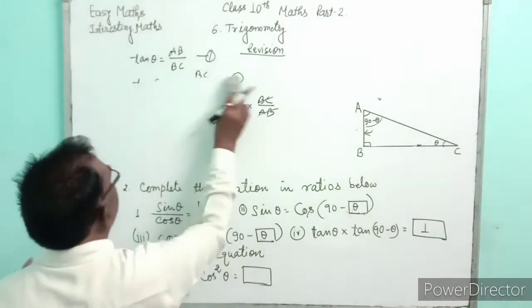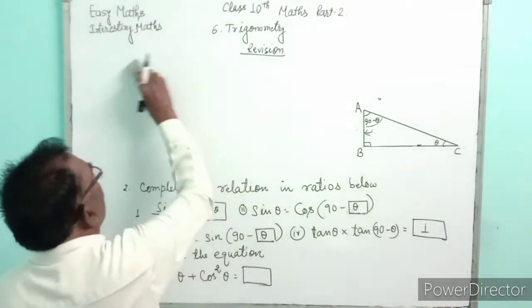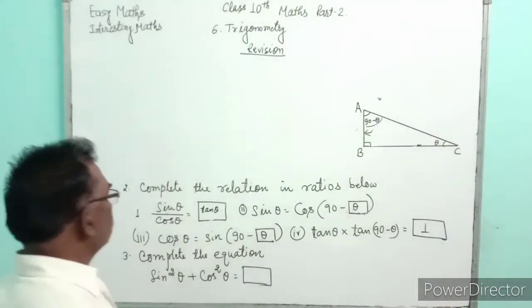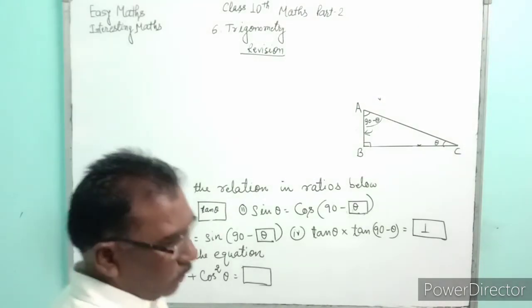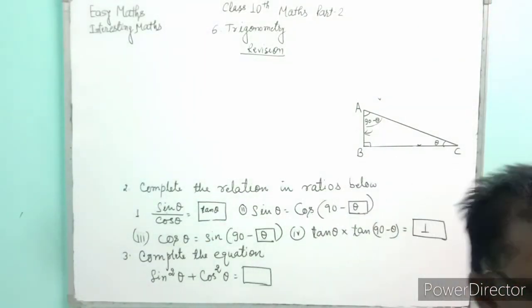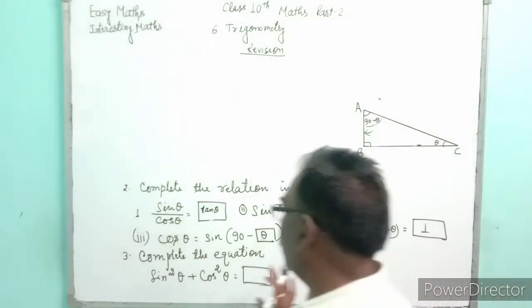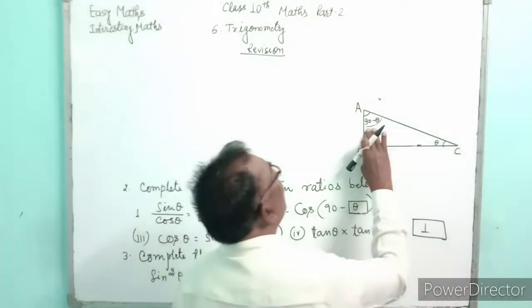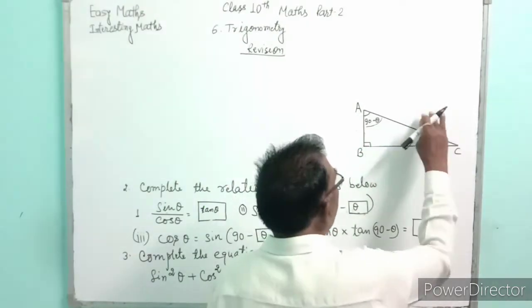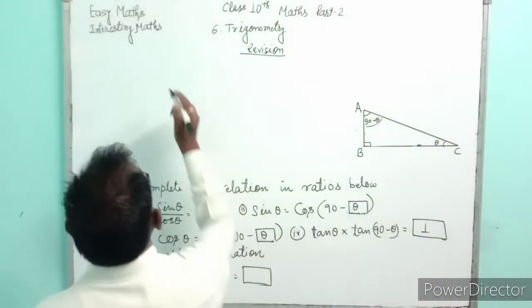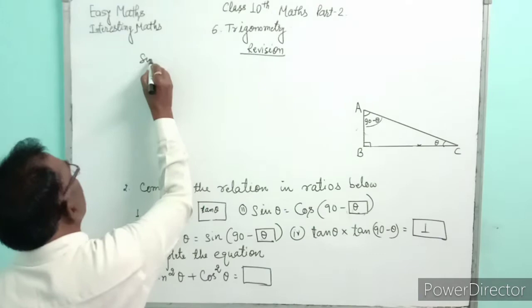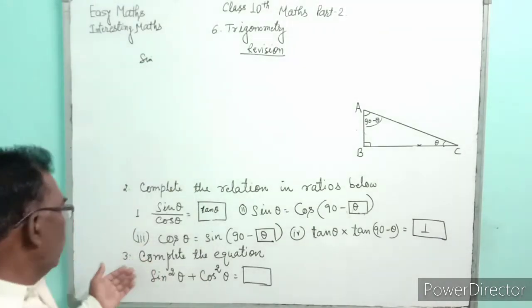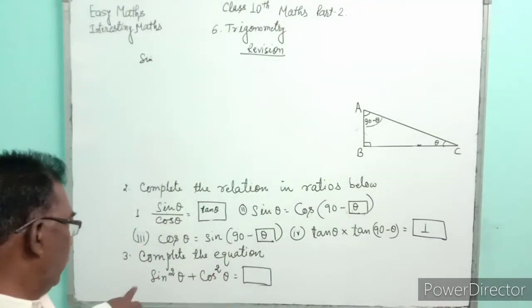Now we write the equation sin square theta plus cos square theta is equal to blank space. We are using the same figure here. Let us solve question number 3.